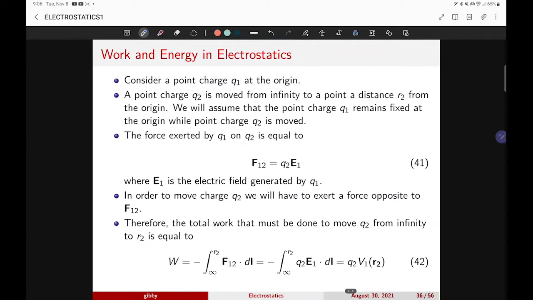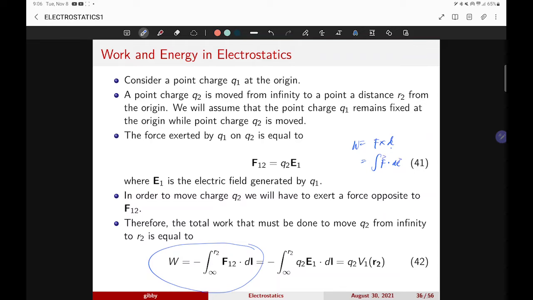So therefore, we can calculate the total work that must be done to move Q2 from infinity to R2, which is equal to this. I hope you recall that's the line integral. This is the definition of work. Work is just force times distance. But since the displacement or path is not a straight line anymore, we can convert this to F times dl.